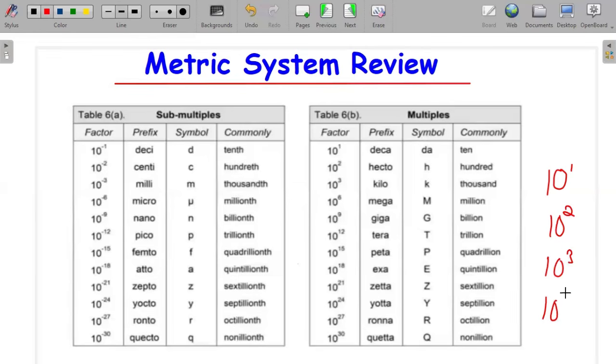And the pattern keeps on going until whatever number you can reach. You can even reach 10 to the power 15. So you can see that the first one there was just 10 or simply 10 to the power 1, and then I'm increasing the powers like that. So these ones here are called multiples of 10, because you are multiplying 10 by a specific number.